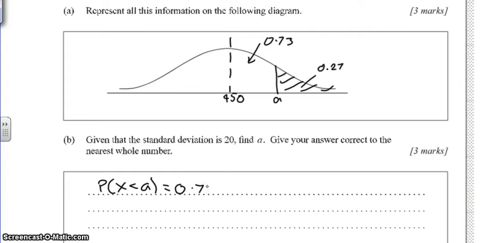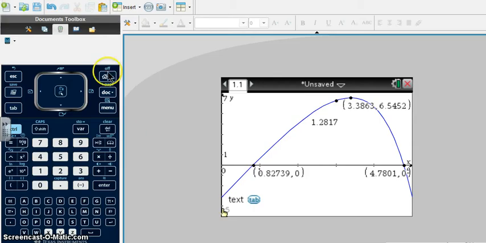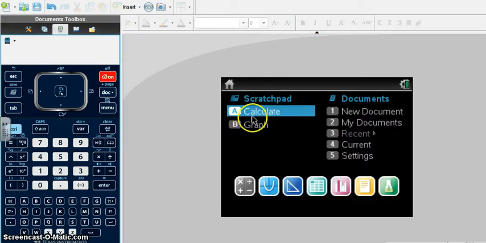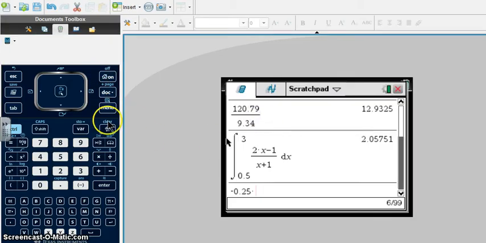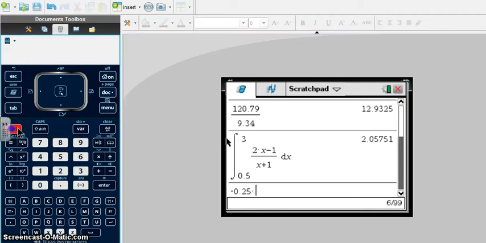This gives me a method mark already. Then we turn to the calculator. I want to calculate. Let's clear all that. Control clear.